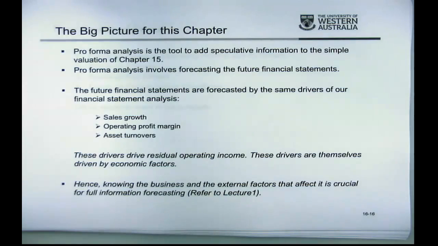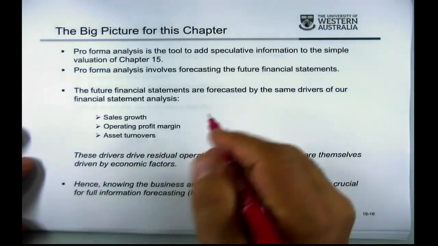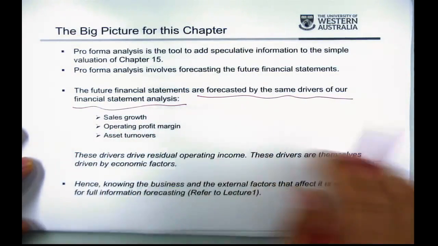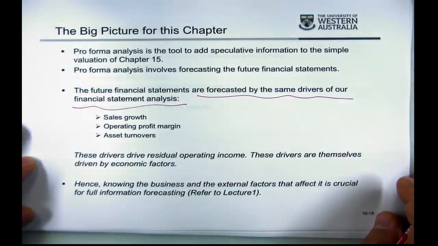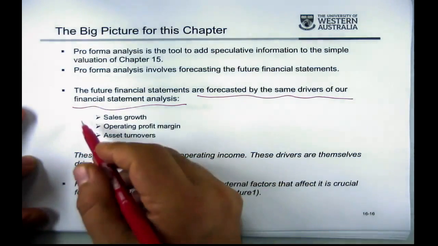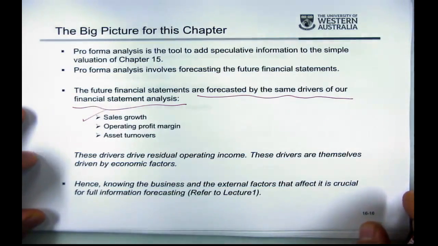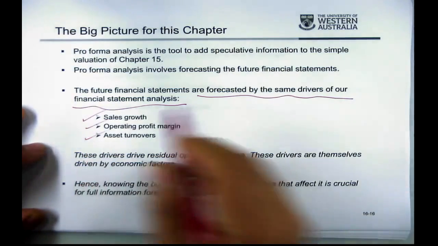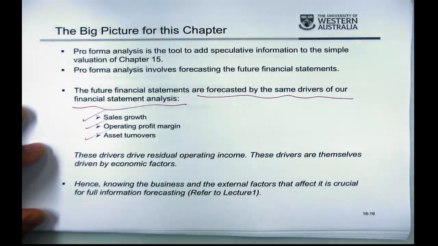Note that the future financial statements are forecasted by the same drivers of the financial statement analysis. We need the growth rate of sales. We need also the operating profit margin. We need also the asset turnovers.